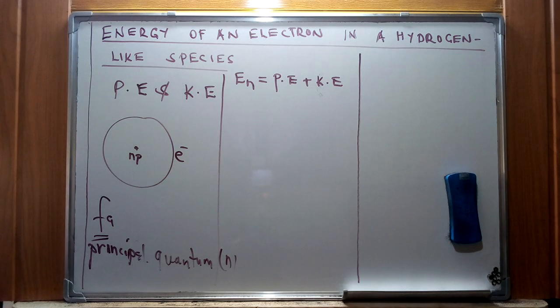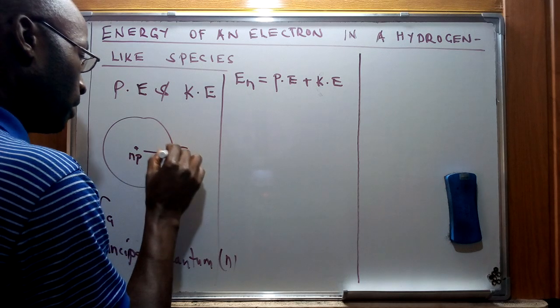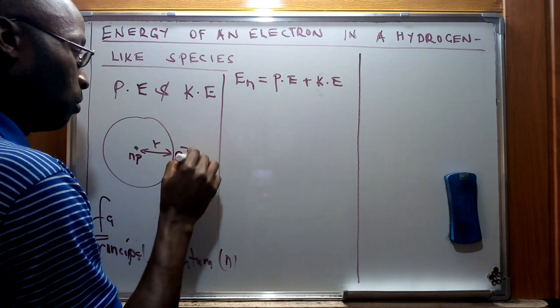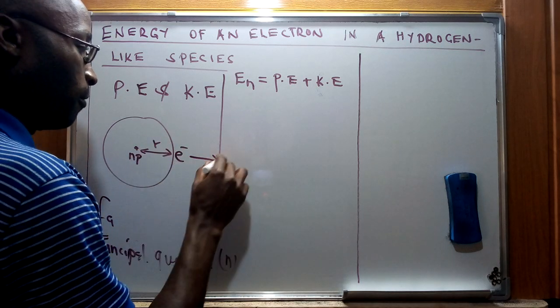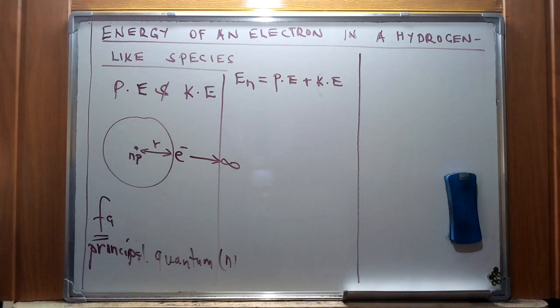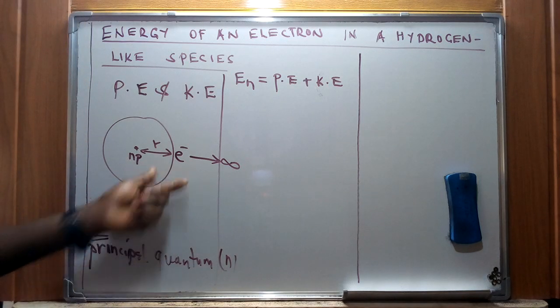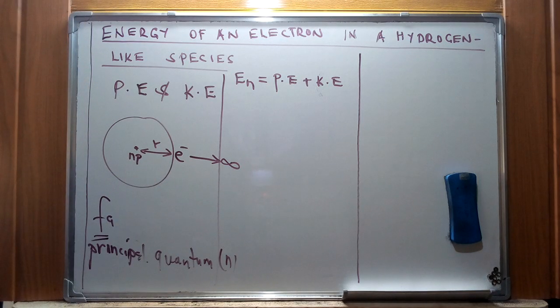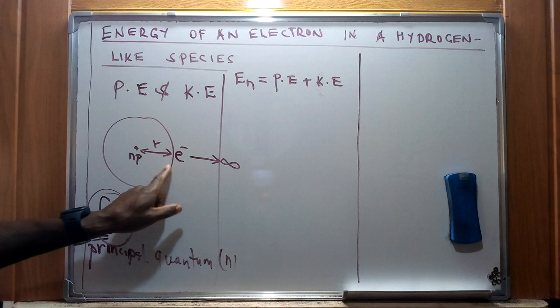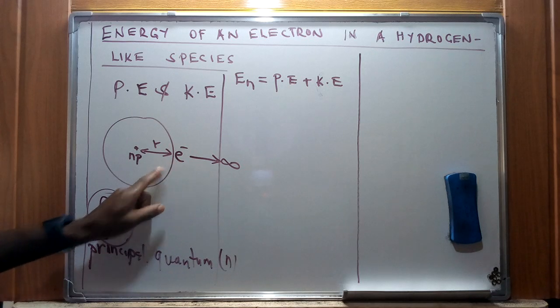Now, for such a system, the potential energy of an electron is basically the work needed to get this electron as far away as possible, or to remove this electron from the system. So this energy is basically the Coulombic energy that we have described, which keeps the system in a stable state.